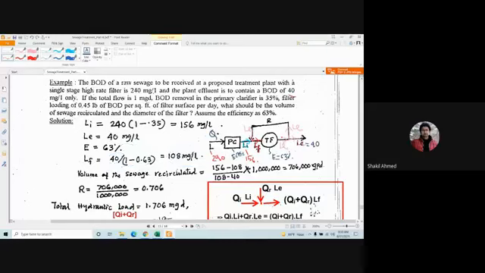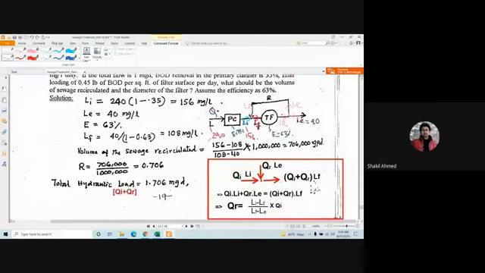Now, let's focus on this point. In this point, we have three flows. This R, that is recirculation, QR here, this is the pink one.